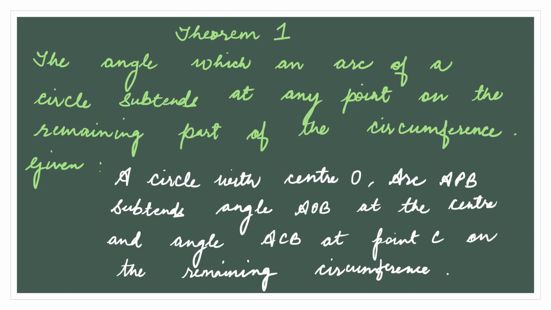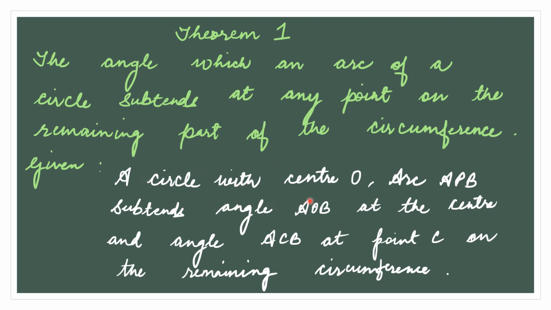Theorem 1, children. The angle which an arc of a circle subtends at the center is double the angle it subtends at any point on the remaining part of the circumference. We will be studying this.